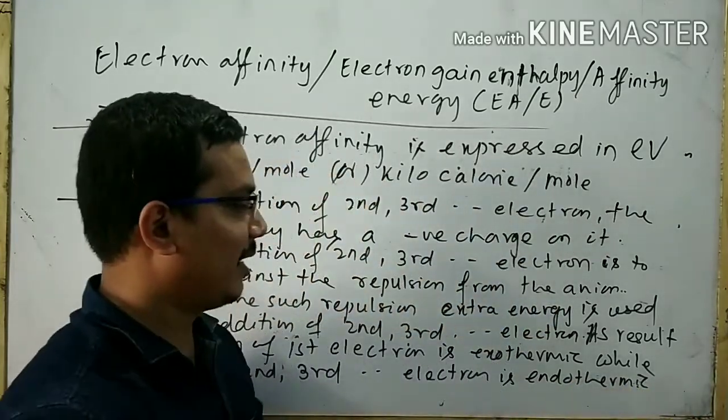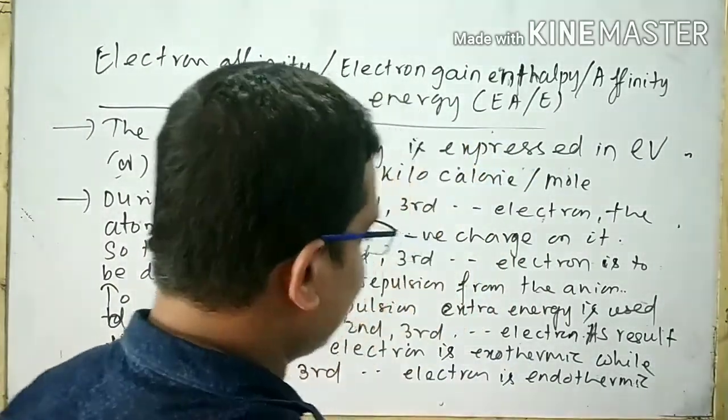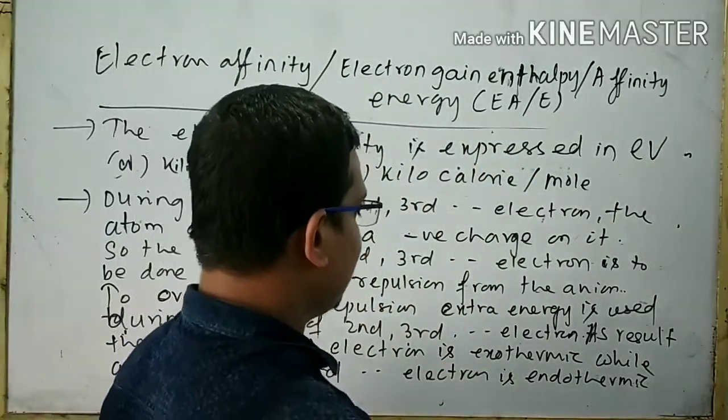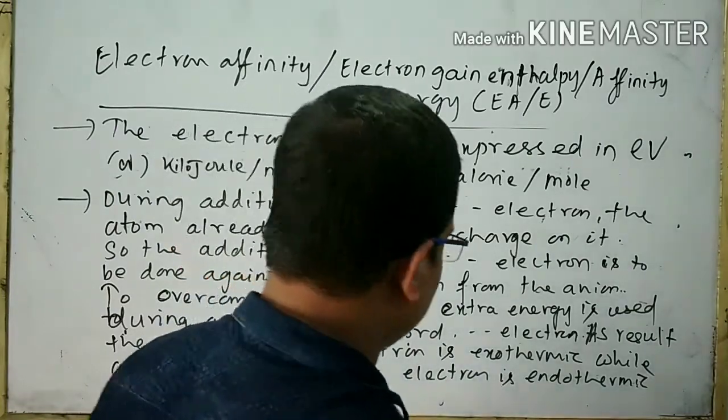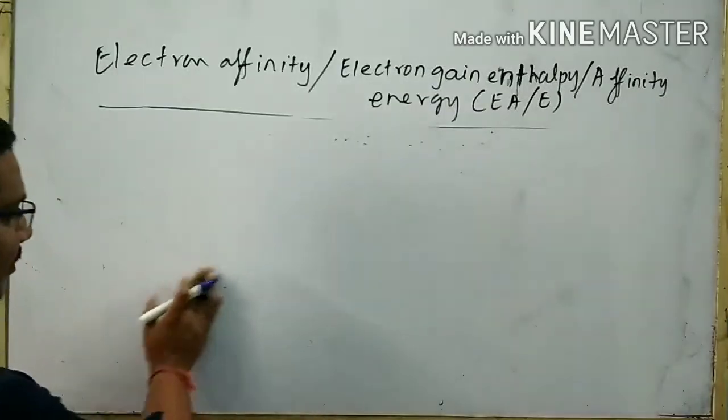Endothermic means gain of energy. Exothermic means loss of energy, that is, a release of energy. I will discuss the next point.